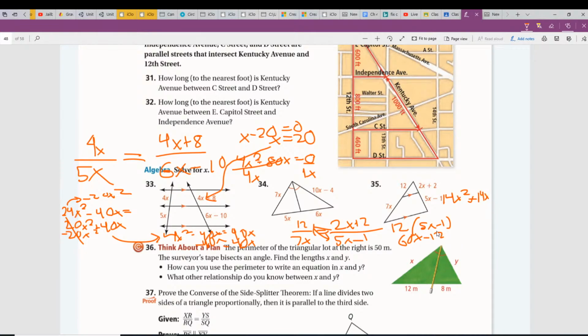Now we have 60x minus 12 equals 14x squared plus 14x.